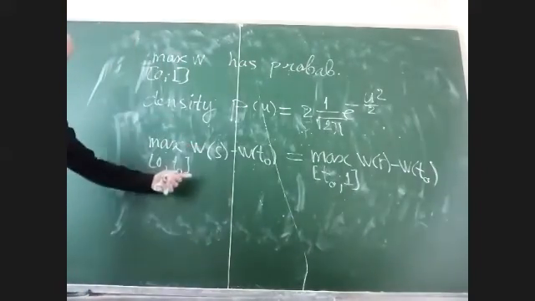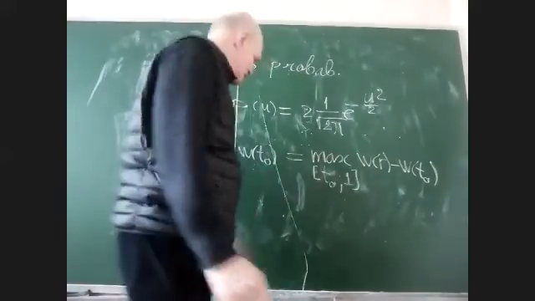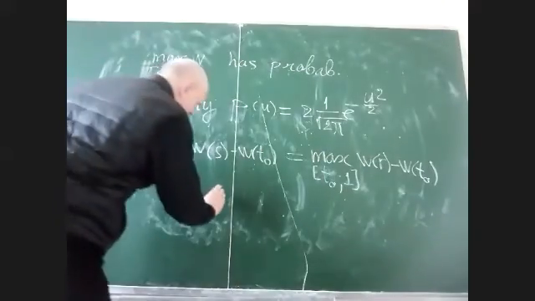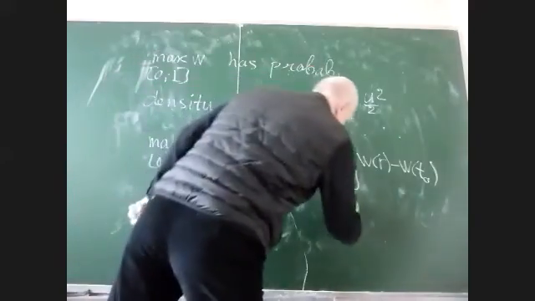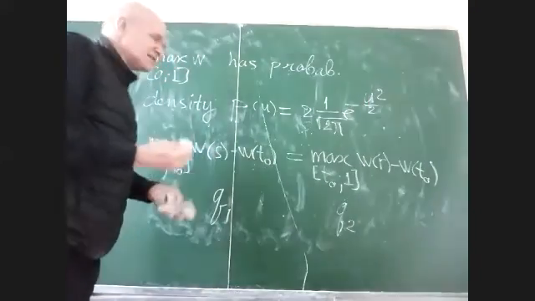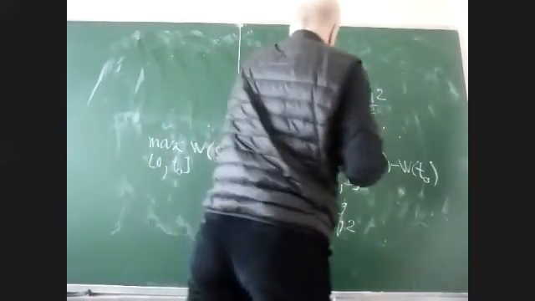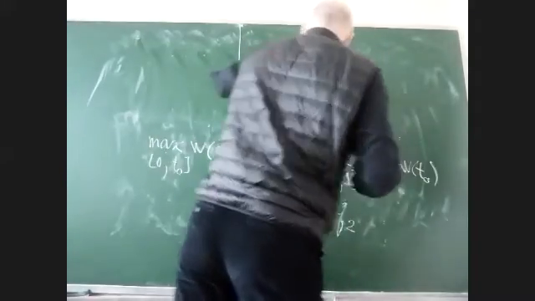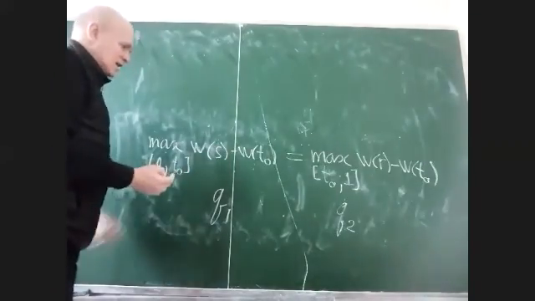Now we know that these two random variables have densities, say Q1 and Q2, and they are independent. So let's find the probability that these two random variables are equal.